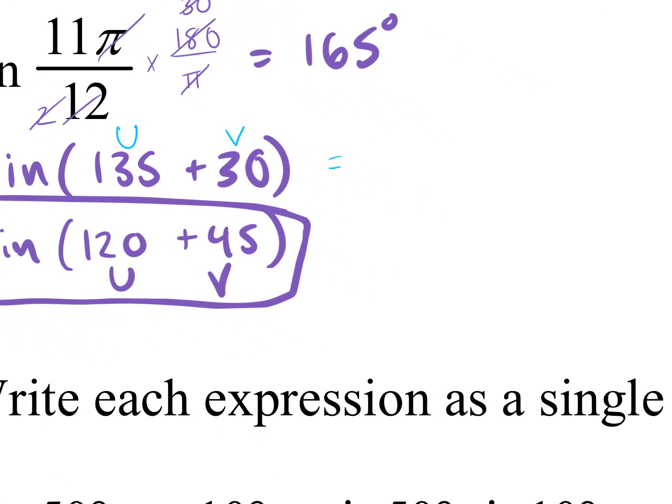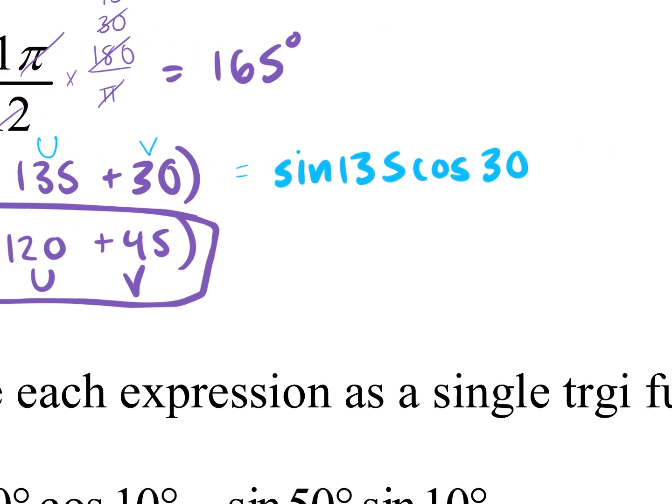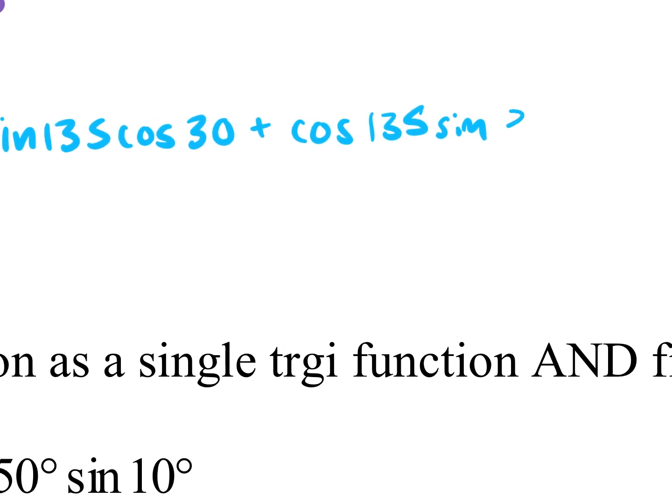So my formula for the sine and the plus 1 will be sine of U, so sine of 135, times cosine of V, so cosine of 30, plus cosine of U, so cosine of 135, times sine of 30.